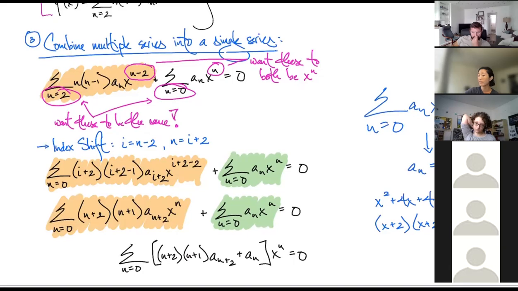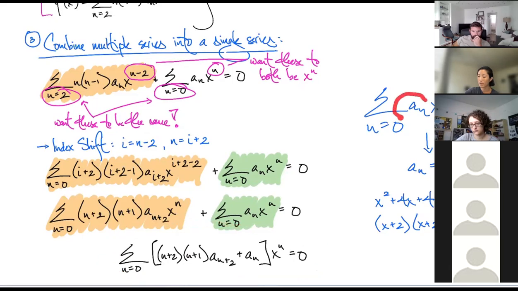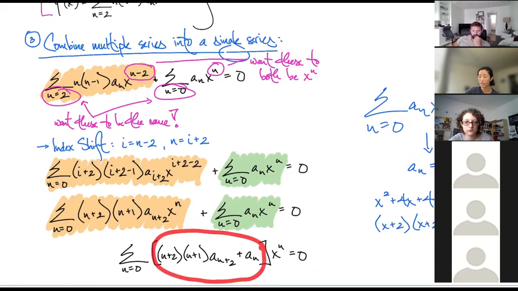All of this combining multiple series into a single series, this step down here, look at what we can say. We can say that that whole clump in front of x to the n has to equal 0. In other words, this whole clump, the thing inside the brackets, that has to equal 0. And that is going to be what helps us solve this problem and get it into that very complicated form that we saw back in the overview part. Okay.